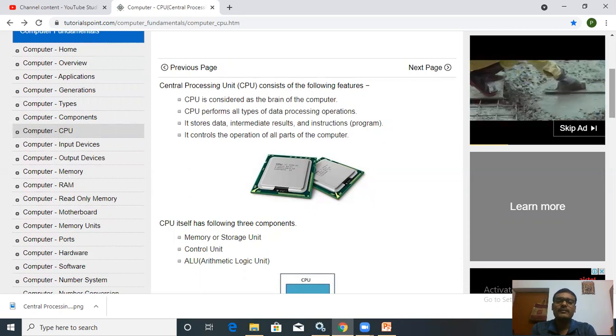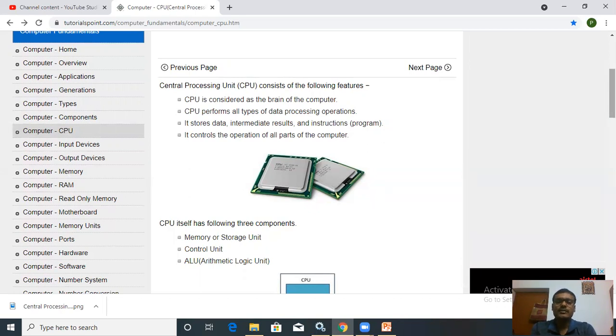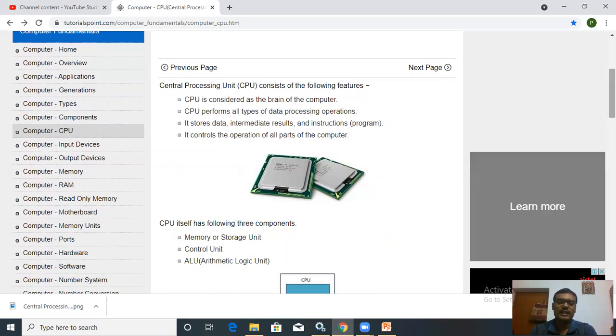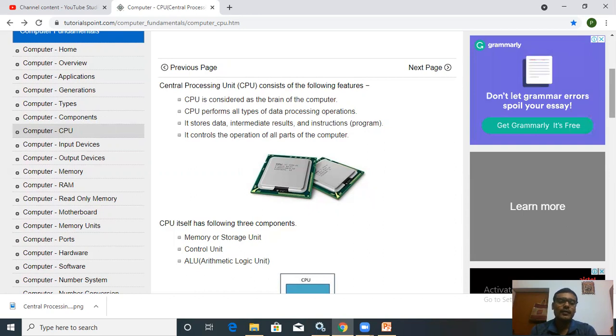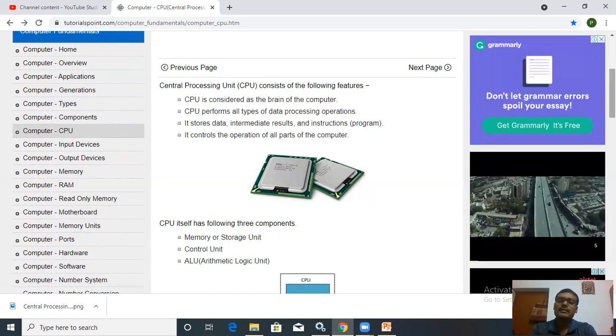It is responsible for storing the result, and it also stores the programs, which are a set of instructions. Fourth, it controls the operation of all parts of a computer. Actually, it is the brain of the computer, so it controls all the operations of all the parts of the computer.